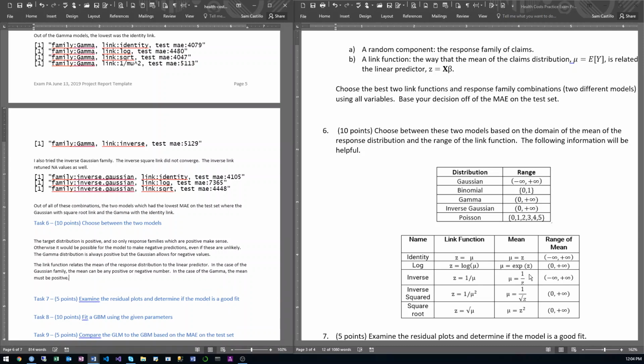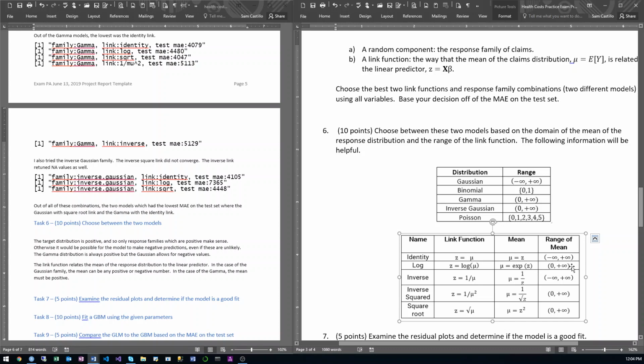So if we use an identity link, we can get negative numbers, because the mean is just equal to z, the linear predictor. In the case of a log link, mu is equal to the exponent of z, and the exponent is always positive.